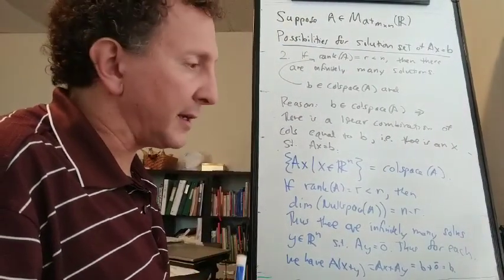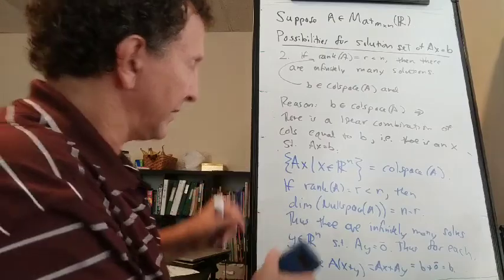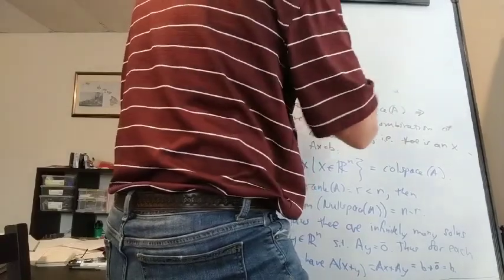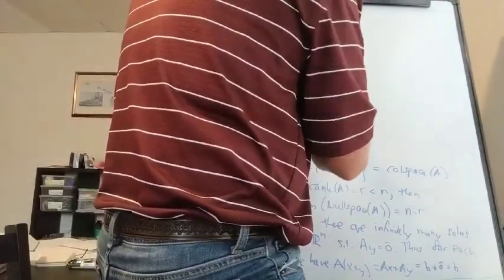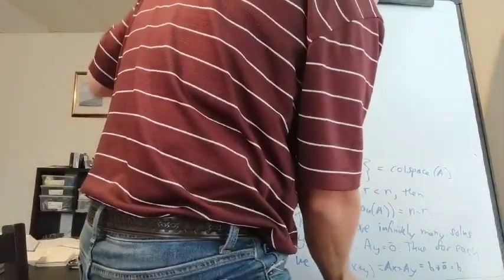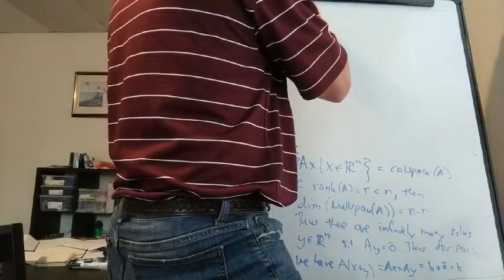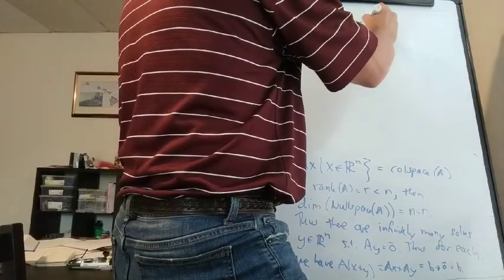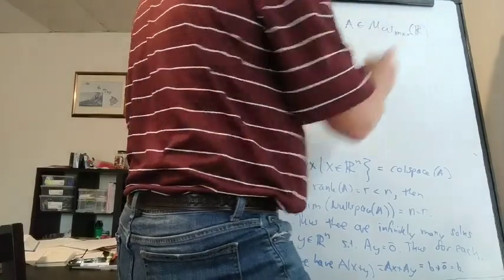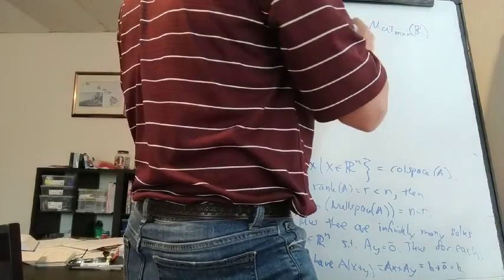All right, let me say that again, and I'm going to mention the basis of the null space a little bit more explicitly than I just did. So let's say we have this m by n matrix A with real entries. Let's say this matrix has rank equal to r, which is less than n.